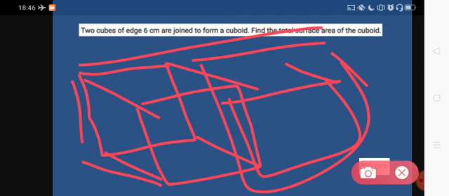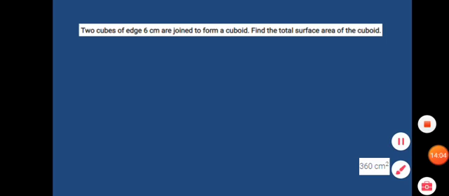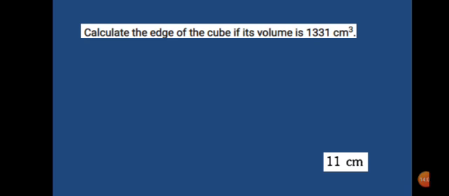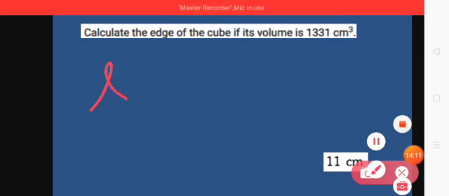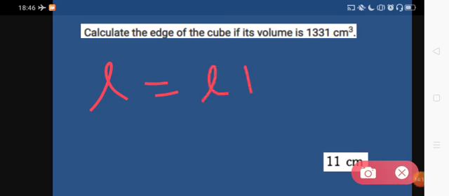Then the length of the cuboid will be L plus L, 2L.